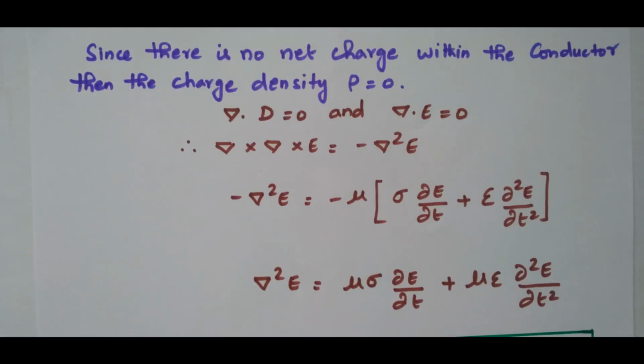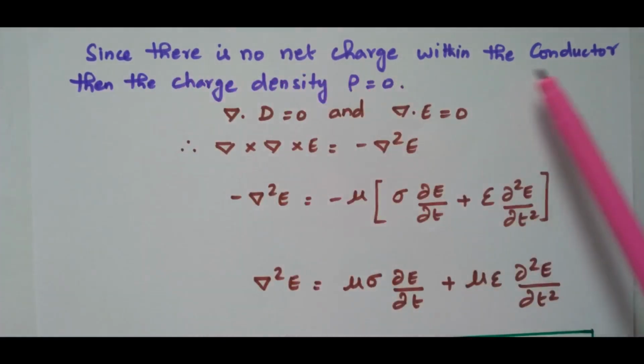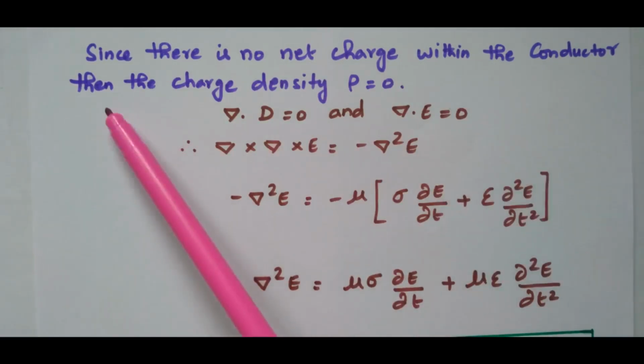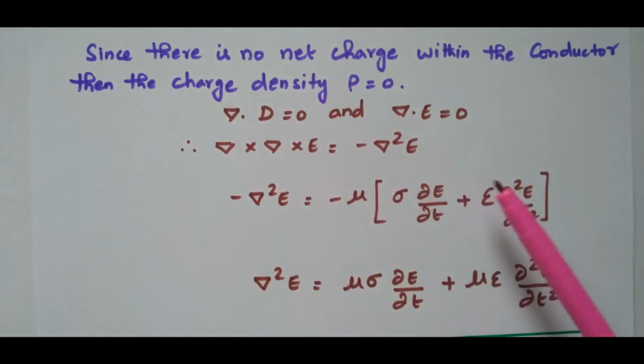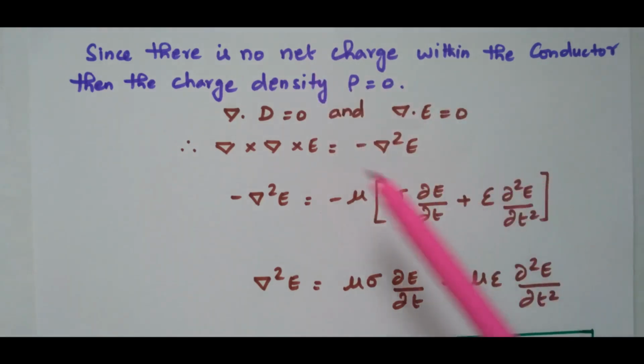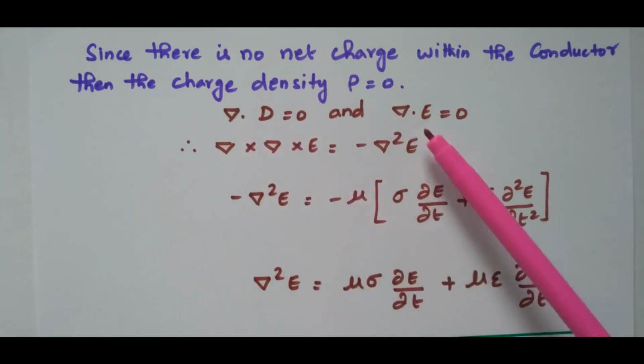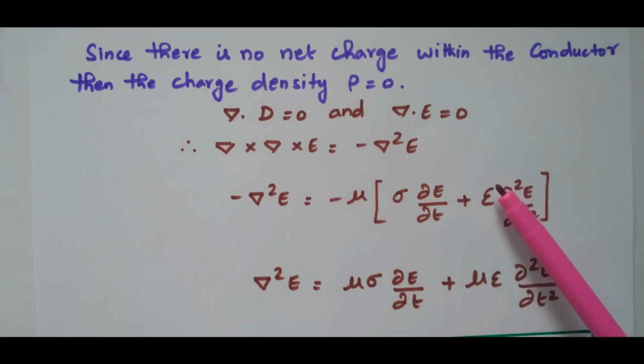Since there is no net charge within the conductor, the charge density rho equal to 0. Right, there is no net charge available, so the charge density rho equal to 0. That means del dot D equal to 0, so del dot E is also 0.